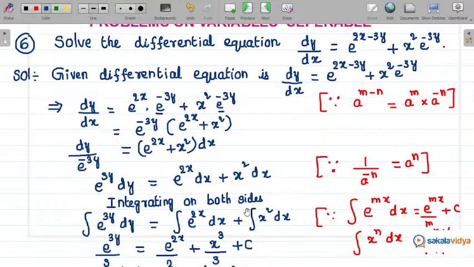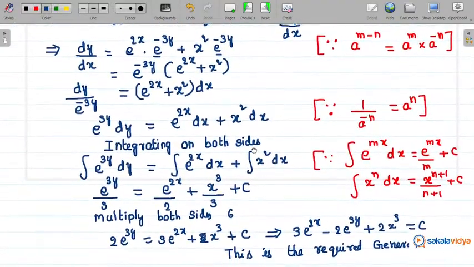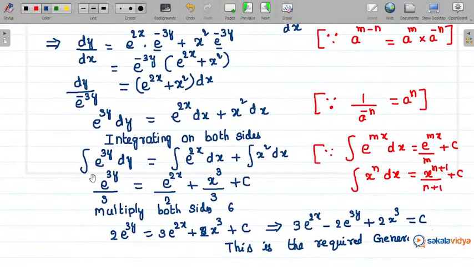Integrating on both sides, now what do we get? Integral of e power 3y dy equals integral of e power 2x dx plus integral of x square dx. Since we have integral e power mx dx is equal to e power mx by m plus constant of integration, integral of x to the power of n dx is x to the power of n plus 1 by n plus 1 plus c.